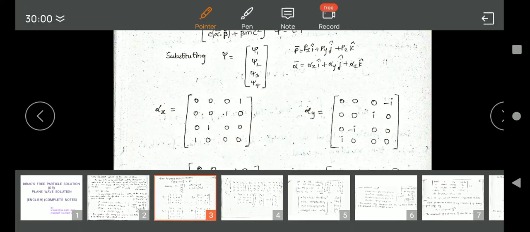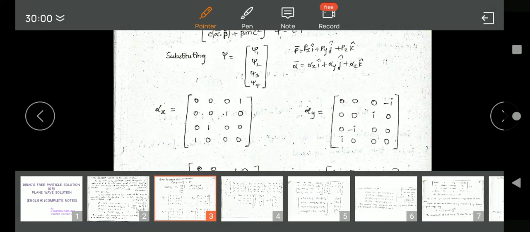Here you can see the Dirac matrices have the form 0 sigma x 0, and 0 sigma y 0. This 2 by 2 matrix 1 0 0 minus 1 is nothing but sigma z, and this is the null matrix 0 0 0.